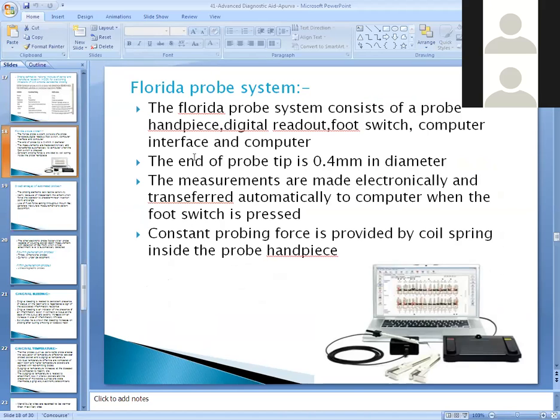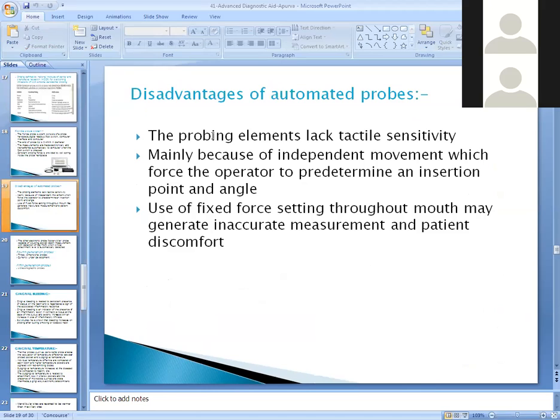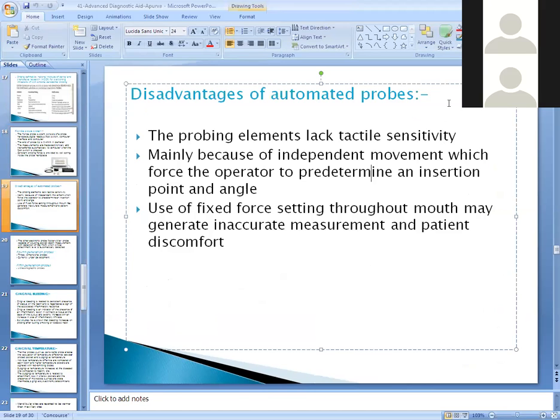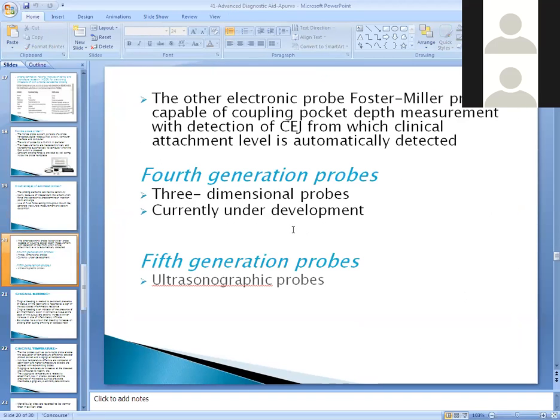Based on the university, it is named Toronto. So disadvantages: it lacked tactile sensitivity, mainly because of independent movement. Use of fixed force, the same which I have told you just now, inaccurate measurement, and may lead to patient discomfort.